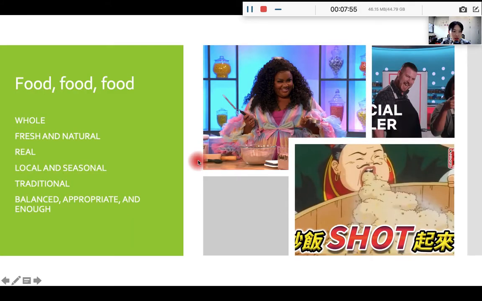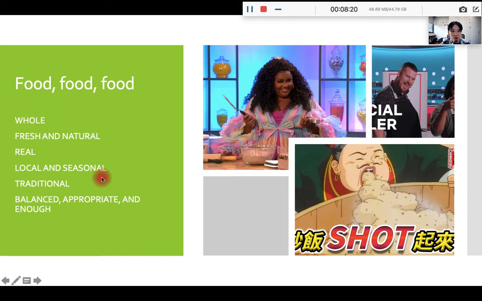Okay, so nowadays people talk about food all the time. And when we talk about whole food, what do we mean? We mean they are fresh and natural, and they are real, and they are local. Take our country as an example. Food from Taiwan can also be called whole food.